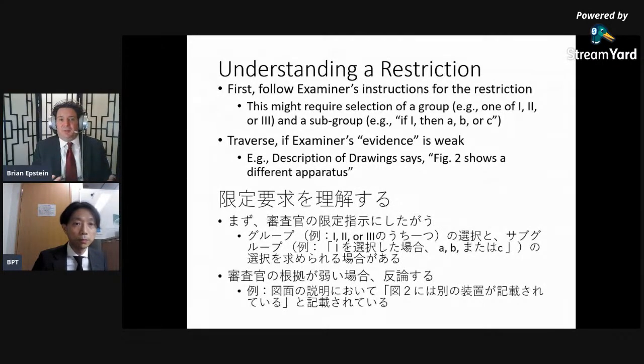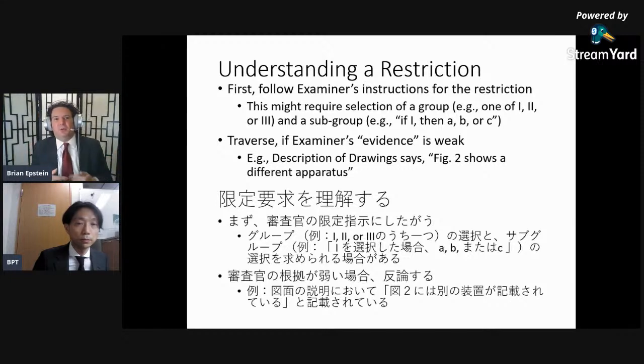For example, if your description of drawings says, figure one shows an apparatus and figure two shows a different apparatus, the examiner has grounds for saying, look, I'm going to require an election between figure one, directed to an apparatus, and figure two, directed to a different apparatus.